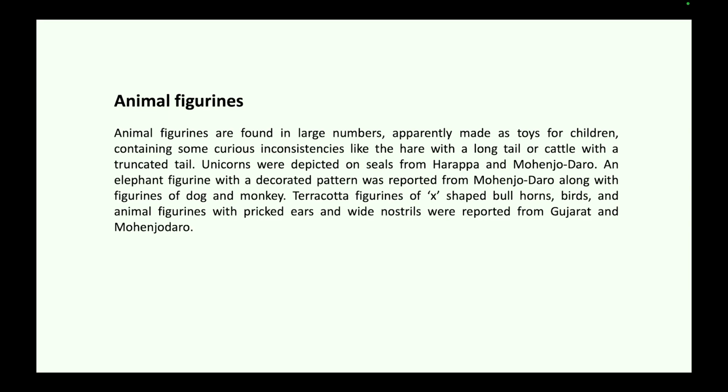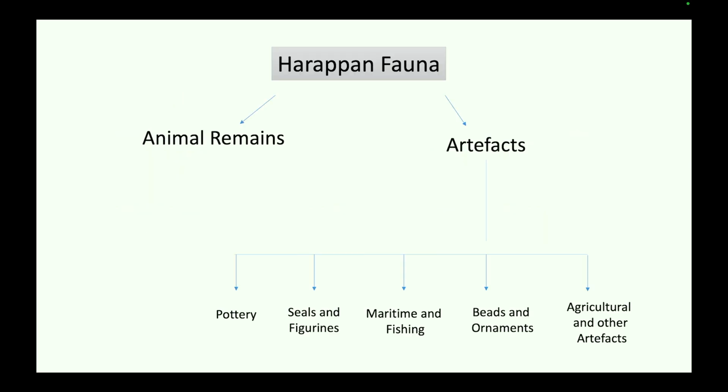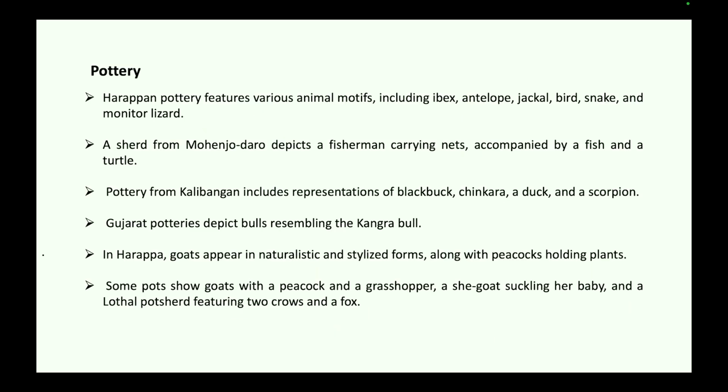Terracotta figurines of X-shaped bull horns, birds, and animal figurines with pricked ears and wide nostrils were reported from Gujarat and Mohenjo-daro. To understand the Harappan fauna, we have studied the animal remains, and on the basis of artifacts like the paintings on pottery of different faunal elements, seals and figurines, maritime and fishing activities, beads and ornaments, and agriculture and other artifacts, which give information regarding the Harappan fauna.